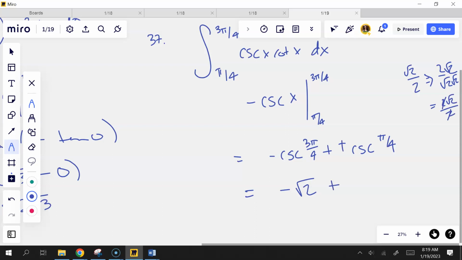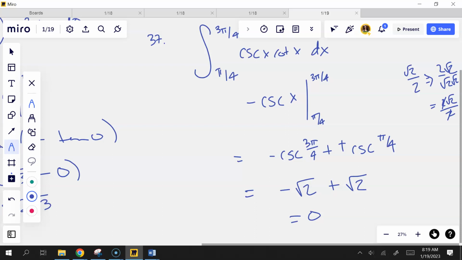This is plus now. What's the sine at pi over 4? Same thing. Flip it. Yep.